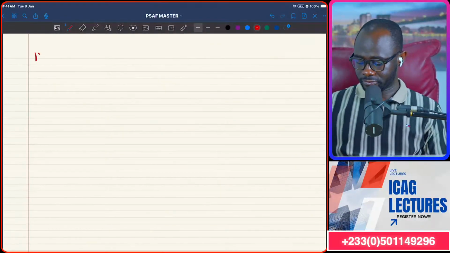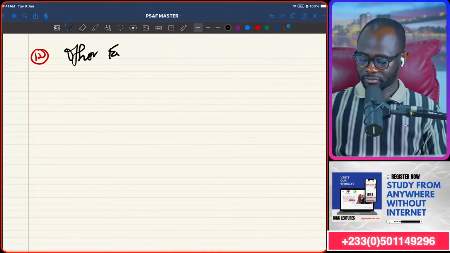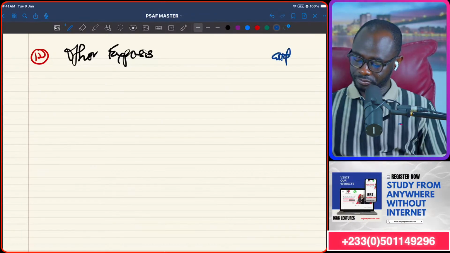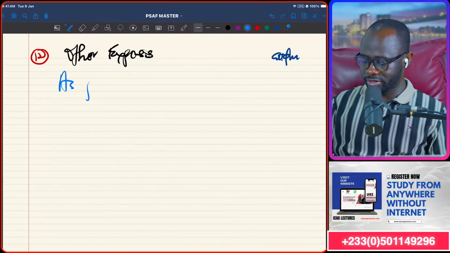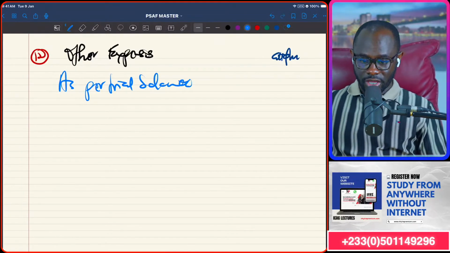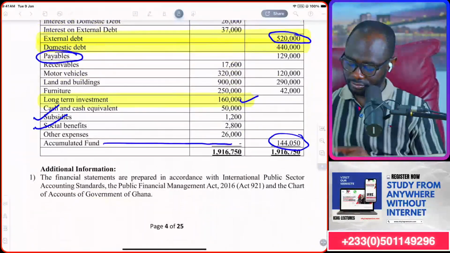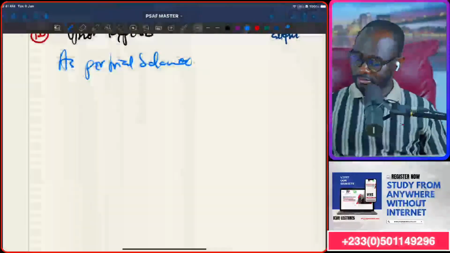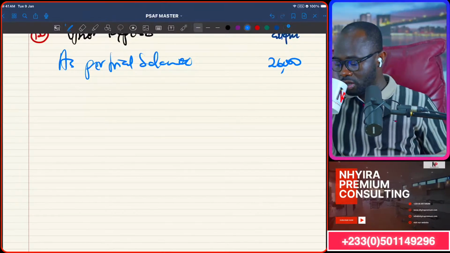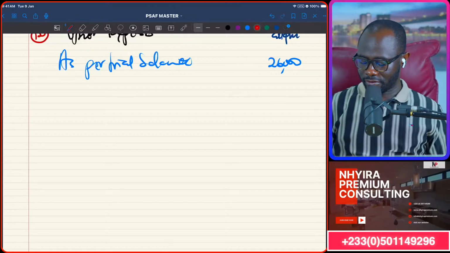Workings 12. Other expenses, as per trial balance. So the other expenses in the trial balance, how much do we have? 26,000. Then we bring in the impairment in long-term investment.